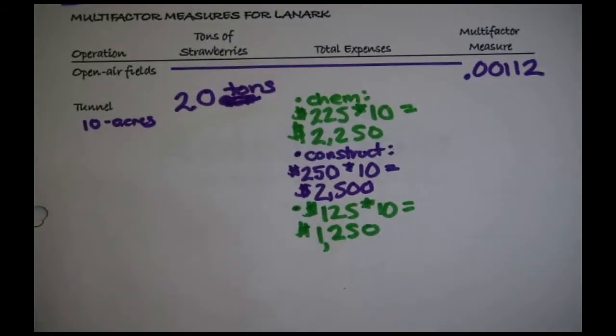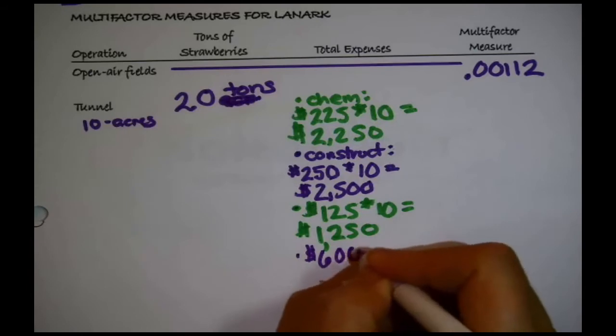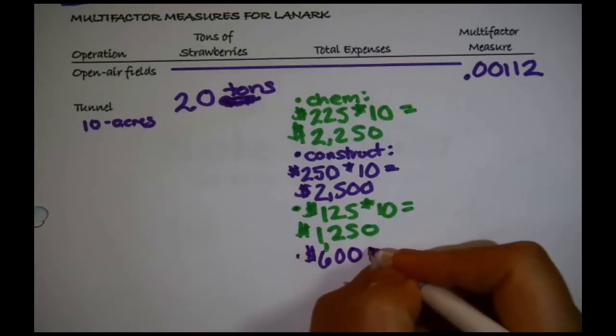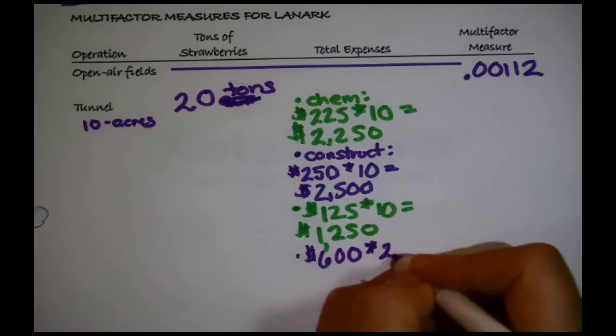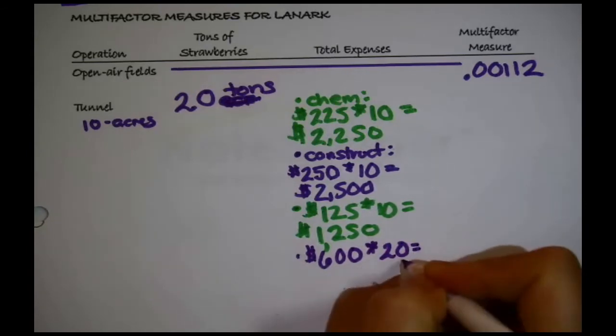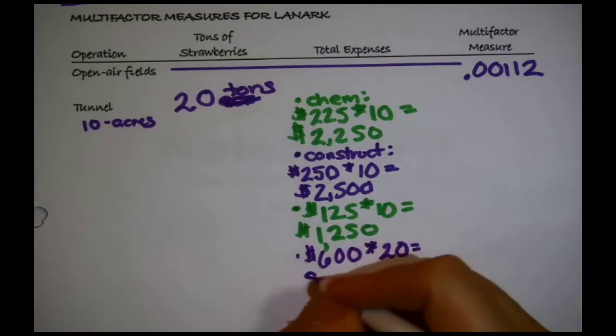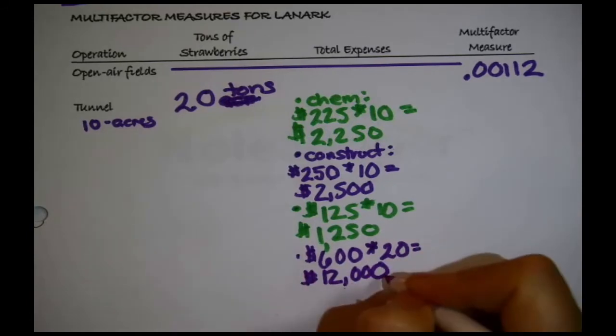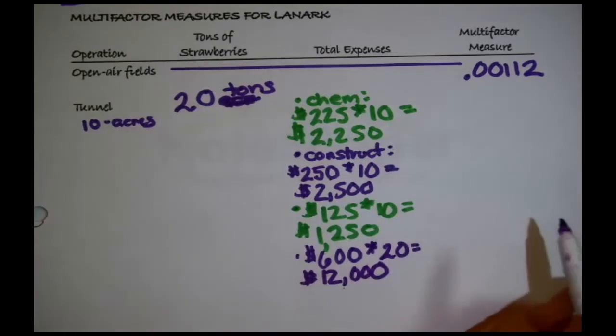Harvest and packing was the same charge, $600, and we remember, oops, that's per ton. Per ton, and in this case it was 20 tons of strawberries. So we spent a total of $12,000 on that in the tunnel operation.